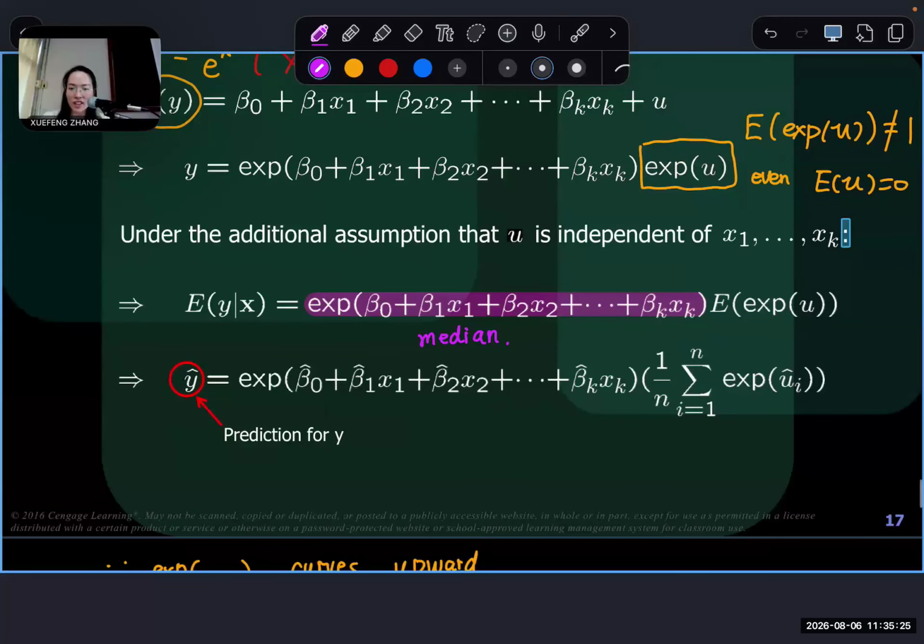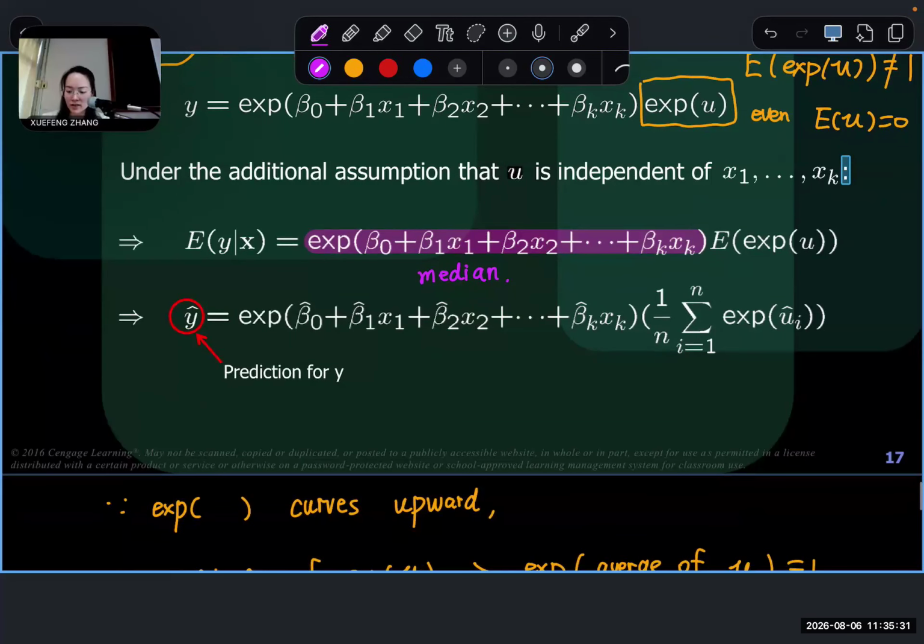And then we need to estimate the missing piece, which is the smearing factor. This one: 1/n times the summation of exponential of mu i hat.